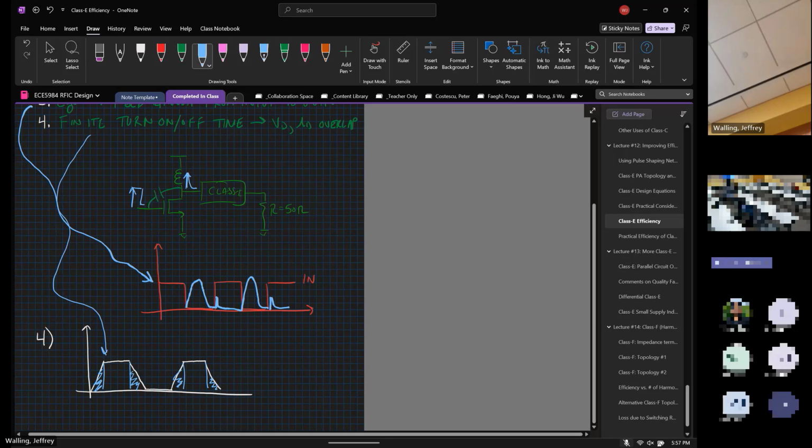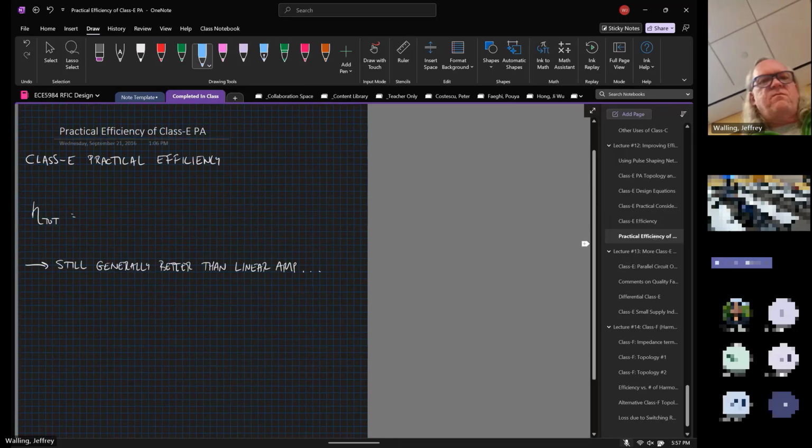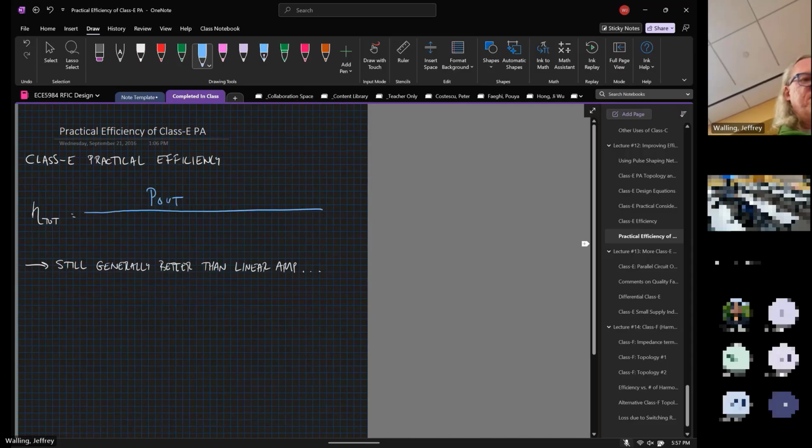So when we examine efficiency, what's the practical efficiency of a Class E network? We basically take the output power divided by the output power plus all of these non-idealities.